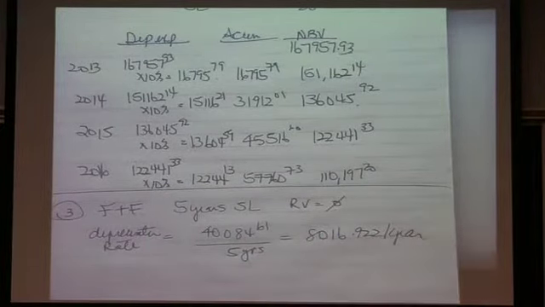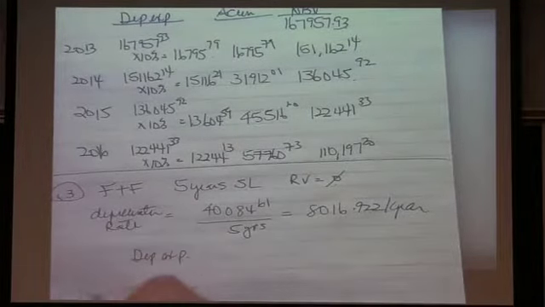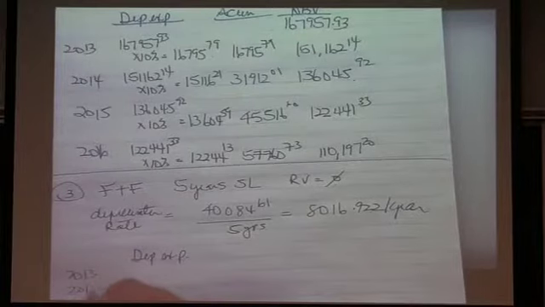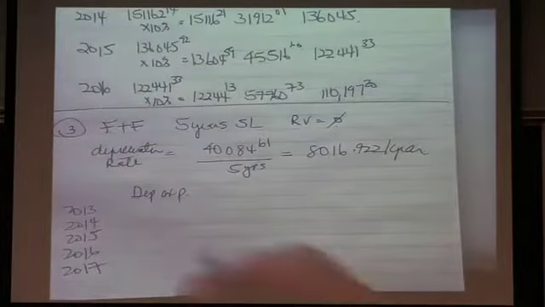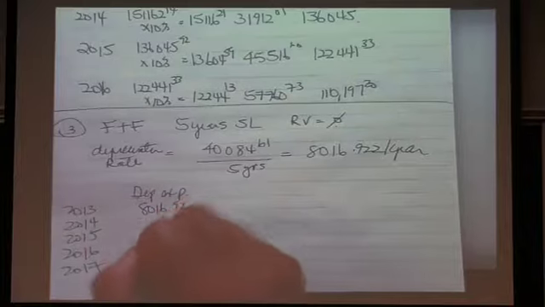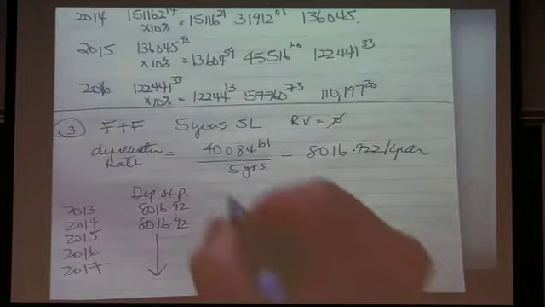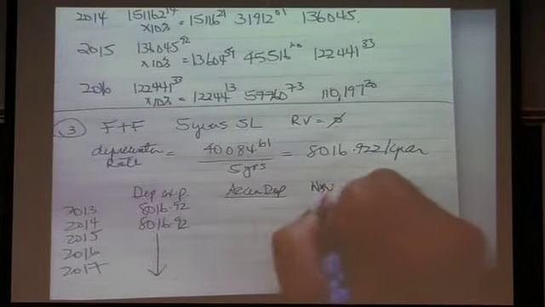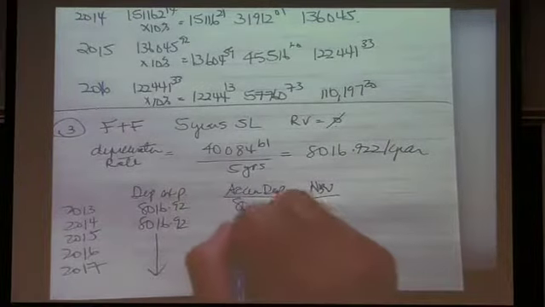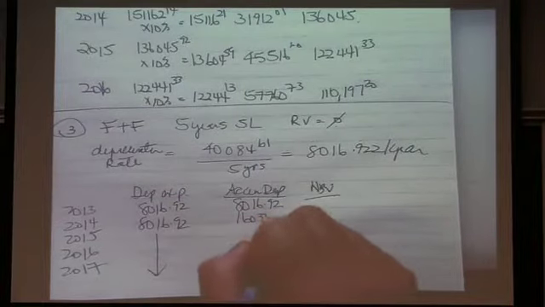And you'll see that the depreciation expense, because there's no proration, is going to be the same each year. Okay. And the cumulative depreciation and net book value will obviously be different, right? 801692. This will be 16033.